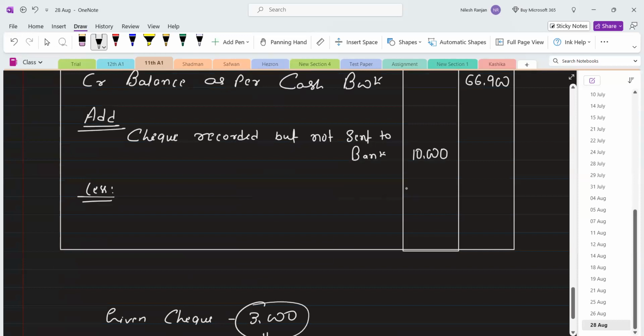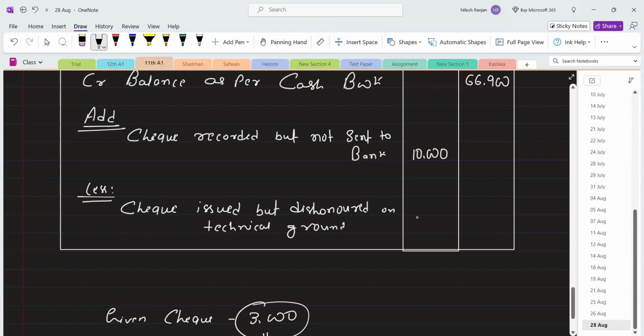Check issued means we have given a check to someone to withdraw money from our account. So we have decreased our cash book, but passbook remains the same. So we have to increase our cash book. Now, due to negative balance, it will be written on the less side. So check issued but dishonored on technical ground, it is 3,000.